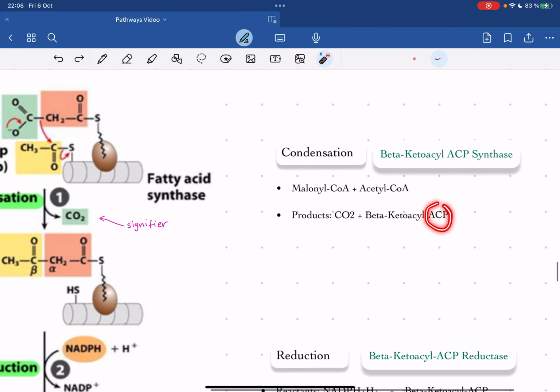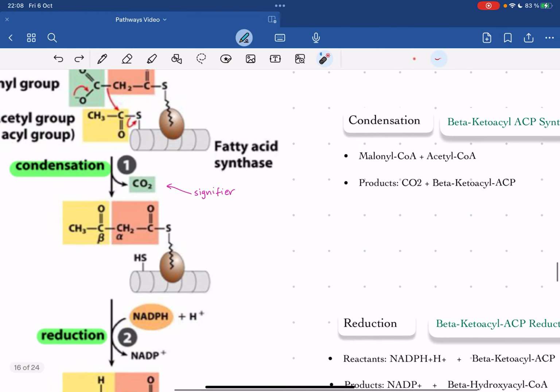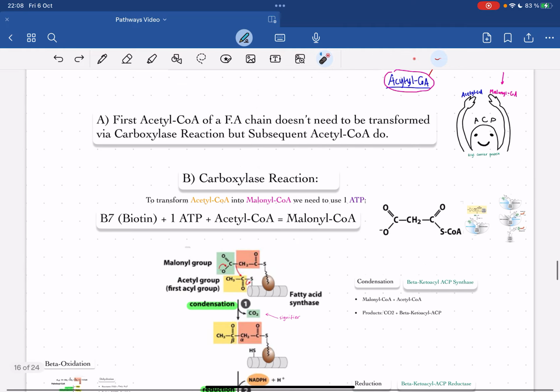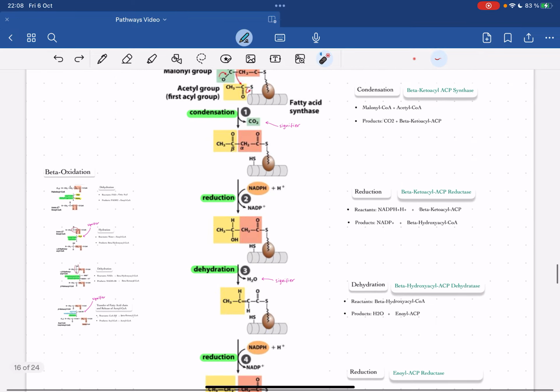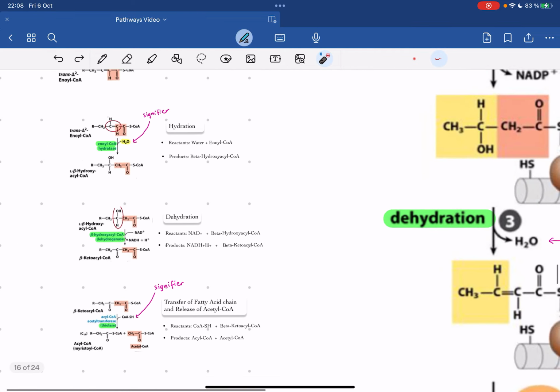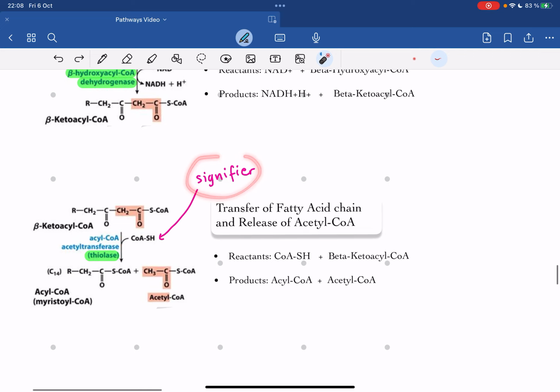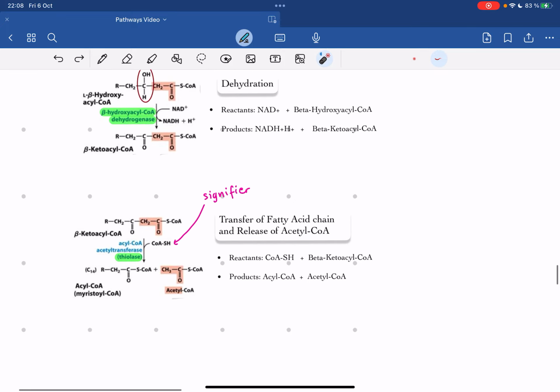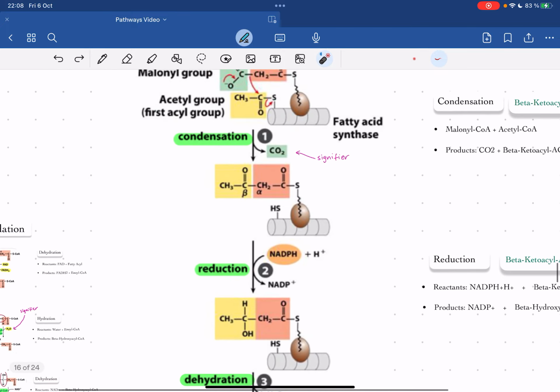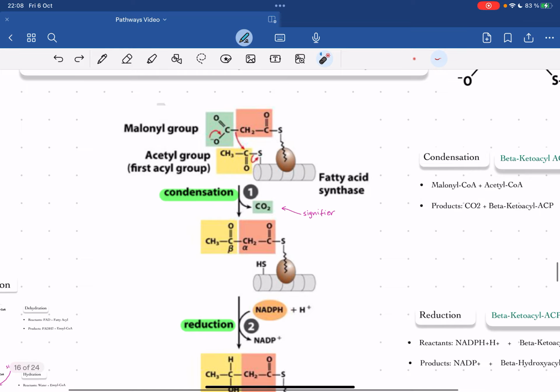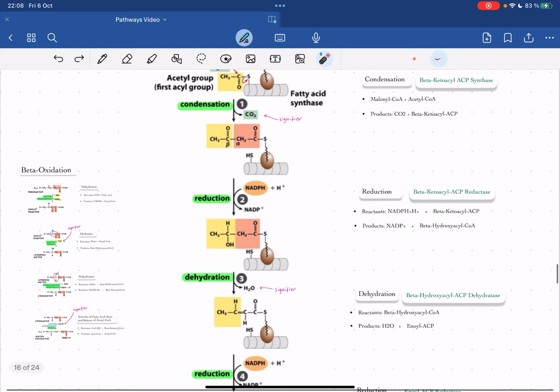And ACP again stands for this molecule. It just pretty much says that this guy is still holding on to these molecules, right? And here we can see another signifier that for this we're actually introducing carbon atoms into the molecule, while here we're getting rid of carbon atoms from the initial molecule.